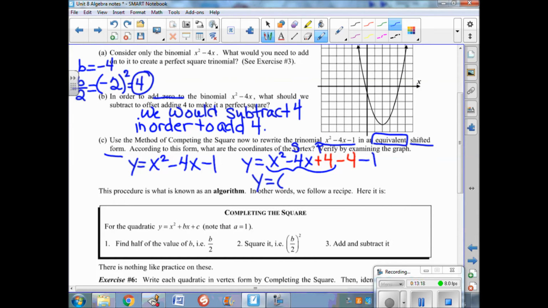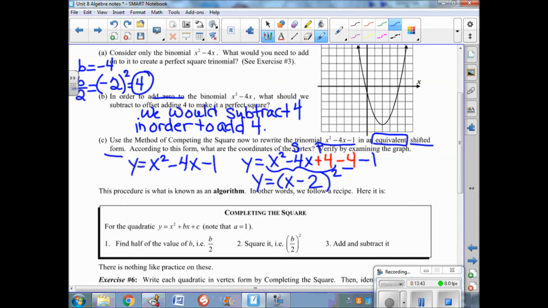It's going to multiply to +4 and add to -4. Two numbers that multiply to +4 and add to -4. Hopefully you're saying it's going to be x minus 2 times x minus 2. I'm going to save us that step and just put it in perfect square form. X minus 2 times x minus 2 is what x squared minus 4x plus 4 is.